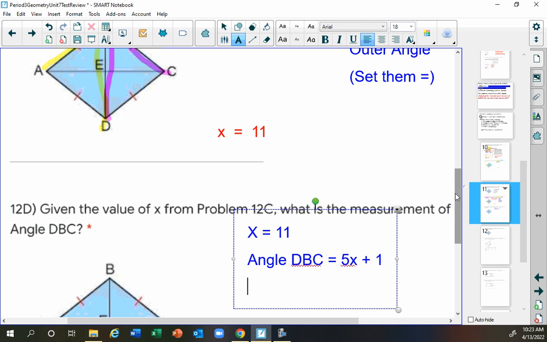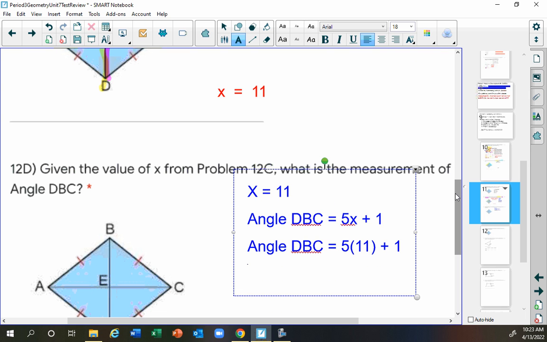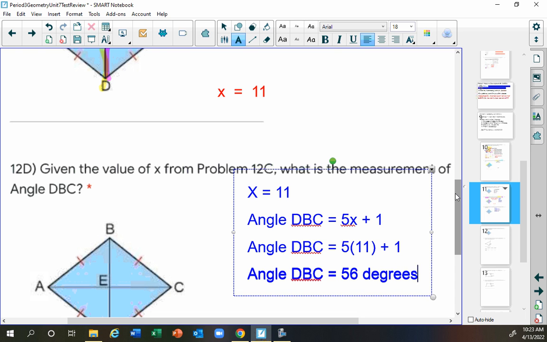So x is 11, angle DBC is 5x plus 1. What would be the measurement of angle DBC? Anybody get that angle measurement yet? How much? So he says 56 degrees. Agree or disagree? Okay, very good. All right, questions?